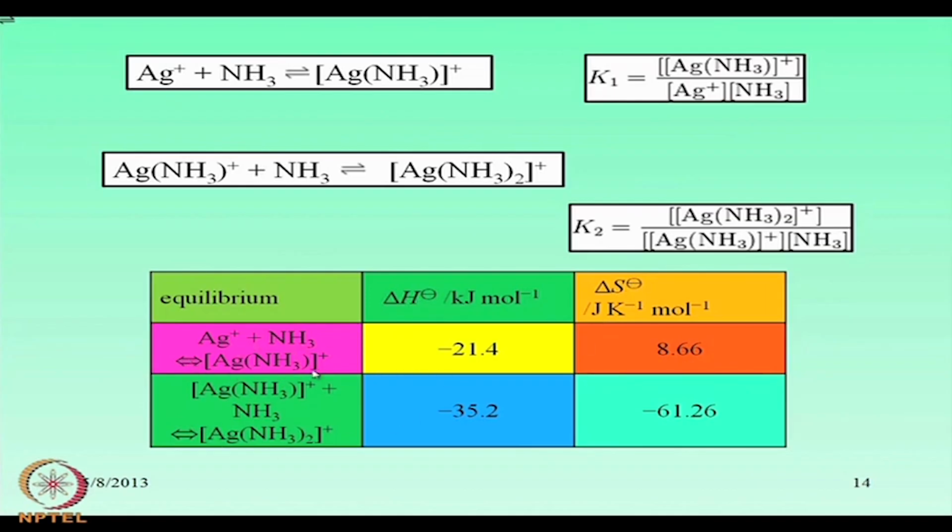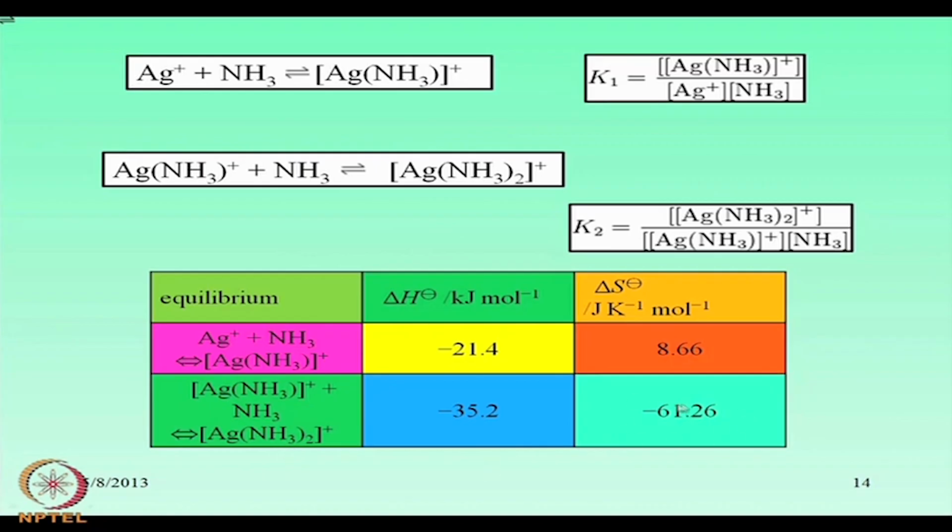So, for the formation of the silver amine complex with a coordination number of 2, we will find these two contributions, that the enthalpy contributions are favored. That means in both these cases, since the steric crowding is not much, they are favored for the enthalpy contribution, and the entropy contribution is mostly favored in the second step, not in the first step, due to the formation of the silver amine complex with a coordination number of 2.